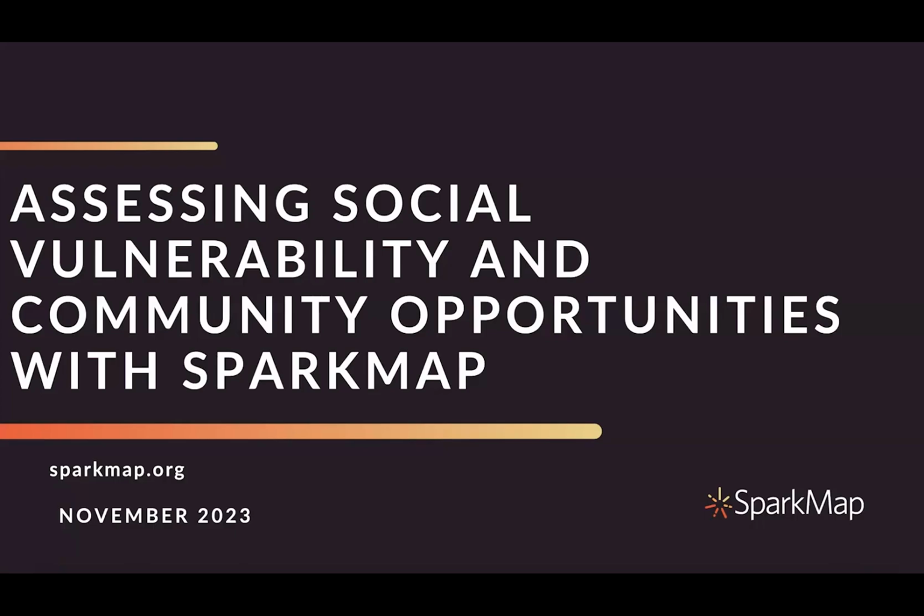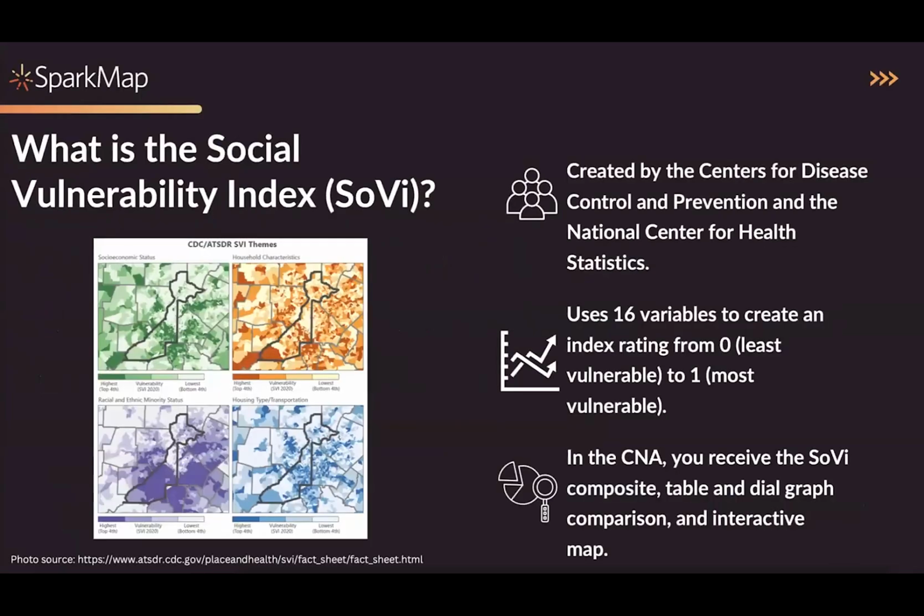To begin, let's discuss our two indices of focus, the Social Vulnerability Index and the Opportunity Index. The Social Vulnerability Index is sourced from the Centers for Disease Control and Prevention and the National Center for Health Statistics.